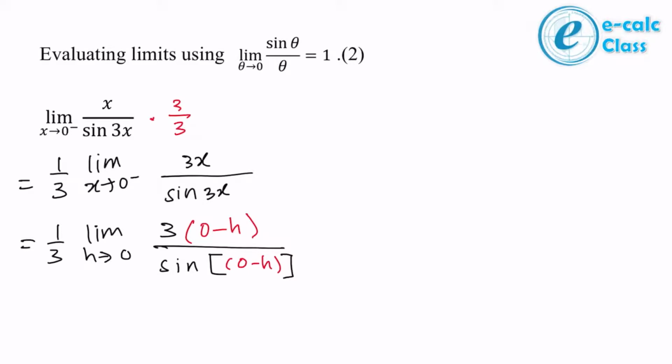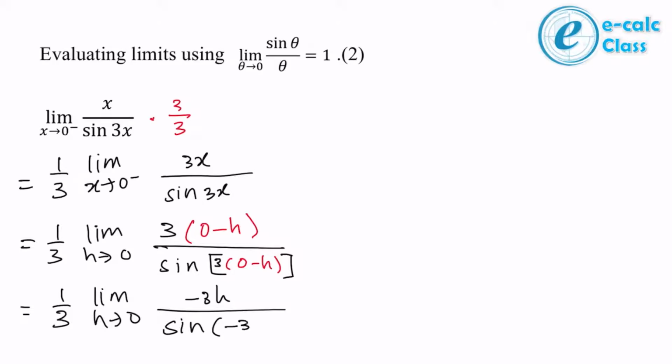Oh, wow. Then it will be 1 over 3, limit h approach 0, negative 3h, sine. I think we are missing out a 3 here, right? Yeah, we have a 3 here. Okay, negative 3h. Very nice.